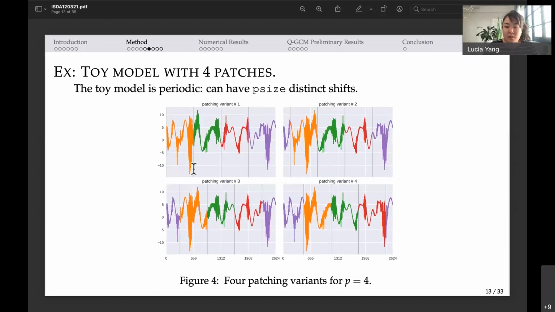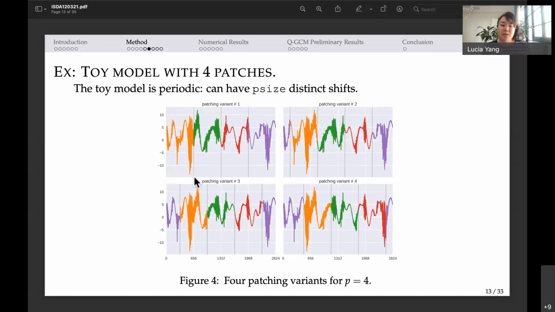What the other 3 variants are showing is simply moving the patch boundary so that we don't have the boundaries occurring at the same location in your spatial dimensions at all times.